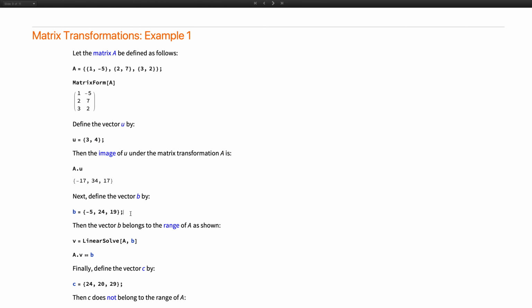Okay, so next take a vector B and ask the question, does this vector B belong to the range of A or not?